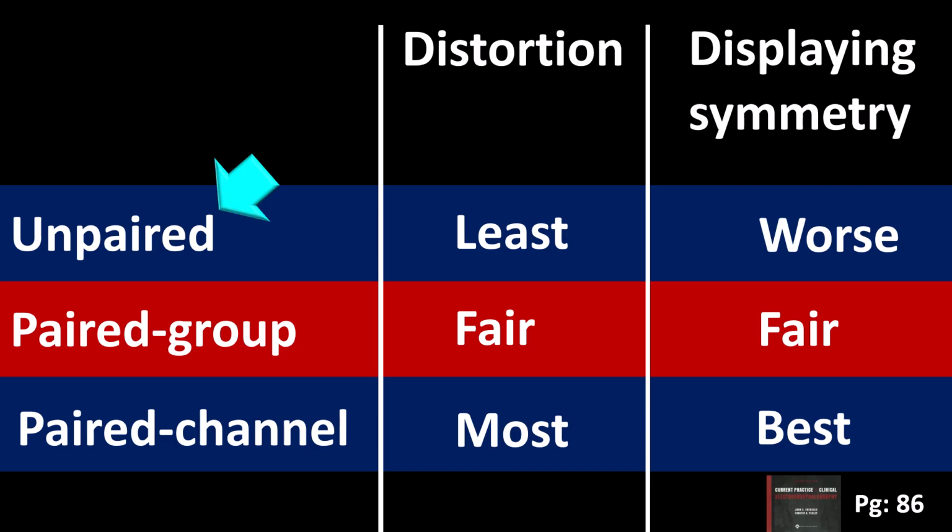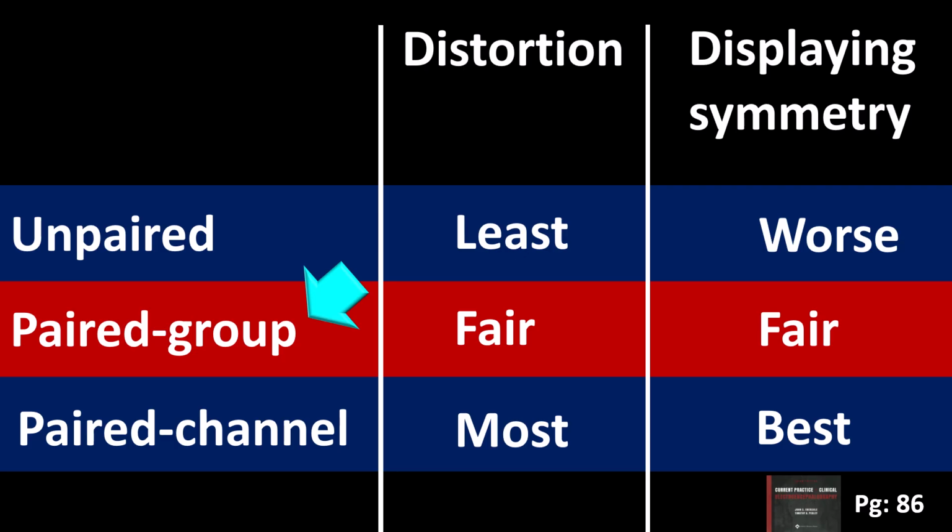Unpaired montages distort the appearance of the background activity the least, but are worse to detect asymmetry. Paired group montages produce some distortion of the background activity. They produce more distortion than the unpaired montages, but less distortion than the paired channel montages.